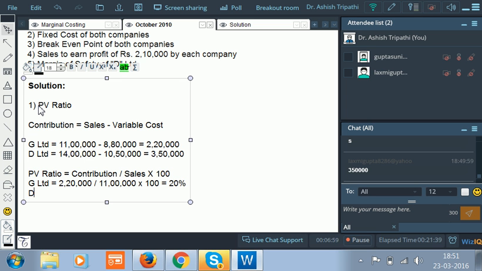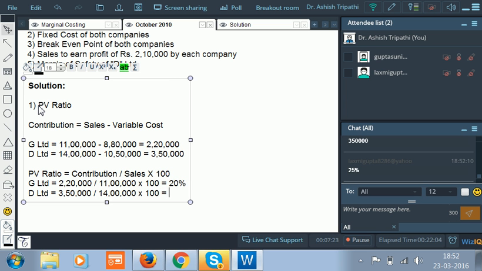Same way we will have to calculate for D Limited. It's very simple. 3,50,000 upon D Limited sales, 14 lakhs, into 100.